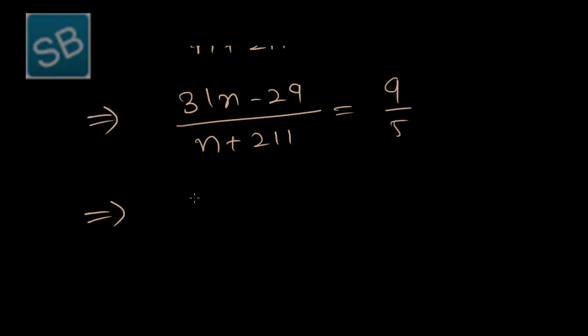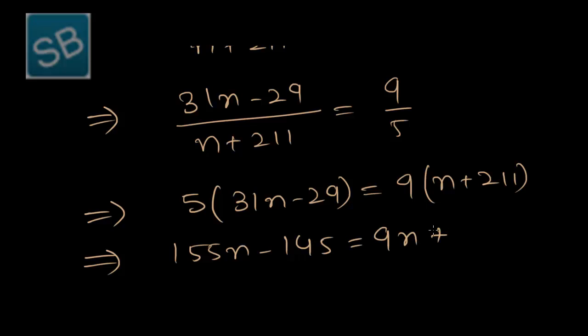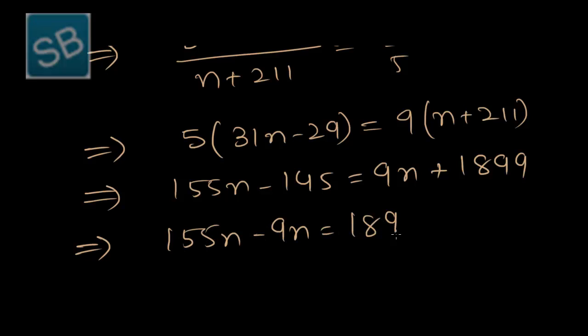That is 5 into 31n minus 29 is equal to 9 into n plus 211. That is 155n minus 145 is equal to 9n plus 1899. So we get 155n minus 9n is equal to 1899 plus 145.